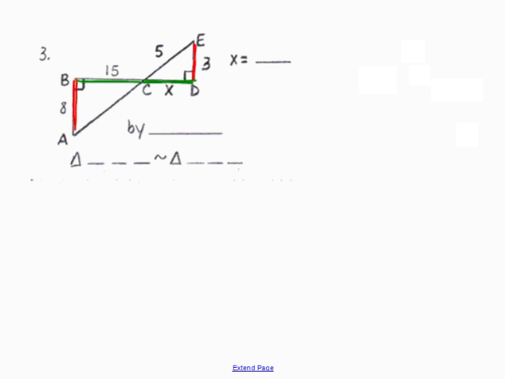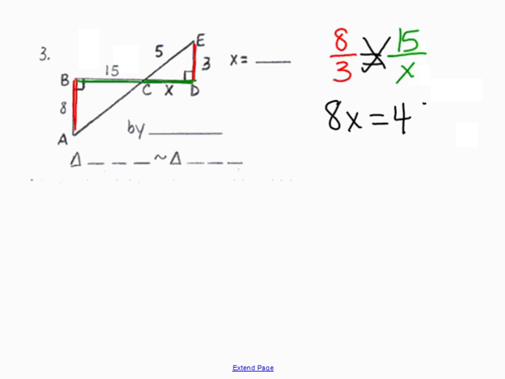So I'm going to go 8 is to 3, as 15 is to X, set them equal, do my cross multiply. 8X equals 45.